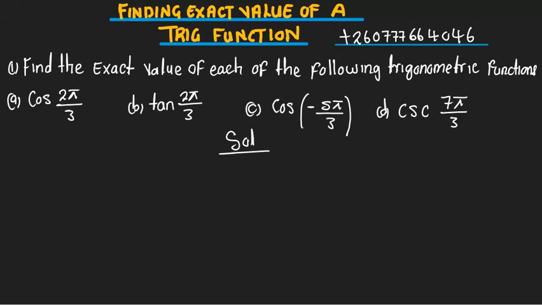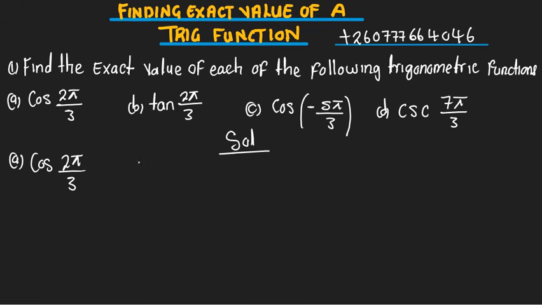Now, we have been given to find cosine 2 pi over 3. So already the angles this time around are in radians. So the first thing you are going to do is convert 2 pi over 3 into degrees.